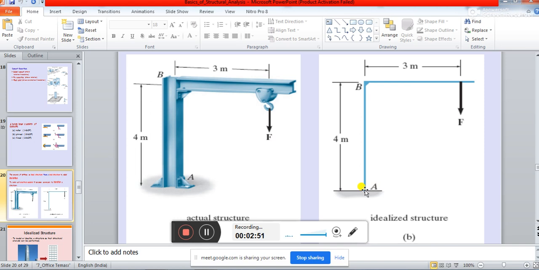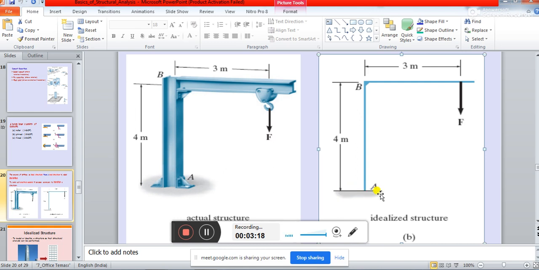Are you getting it? Ideally, you are taking a vertical line and saying this vertical line has area this much, moment of inertia about x axis this much, moment of inertia about y axis this much, and this column is attached to a fixed kind of support.